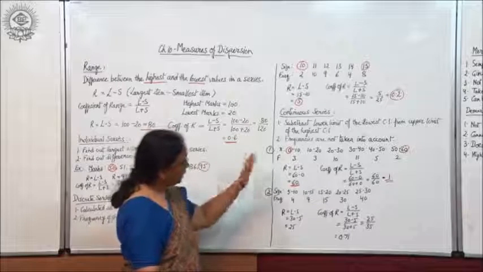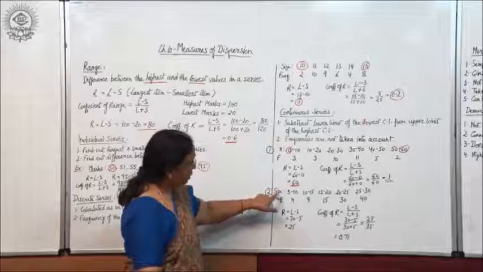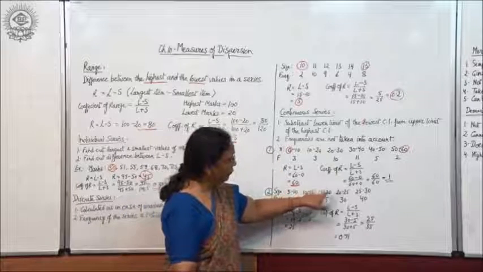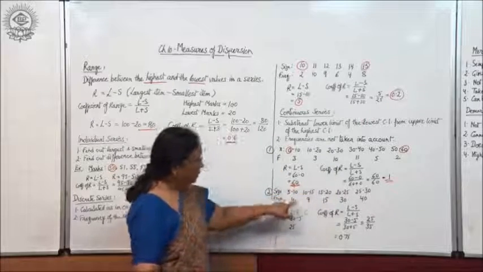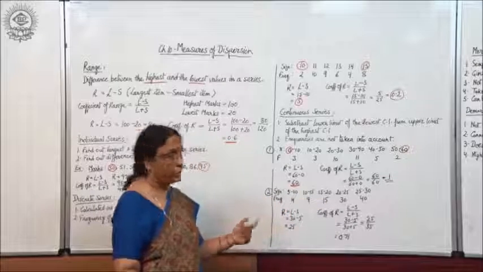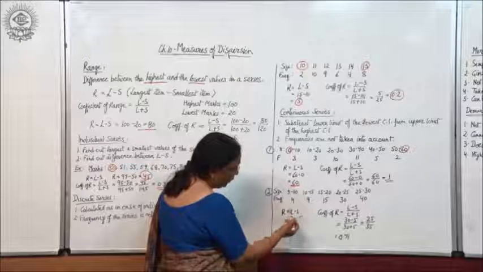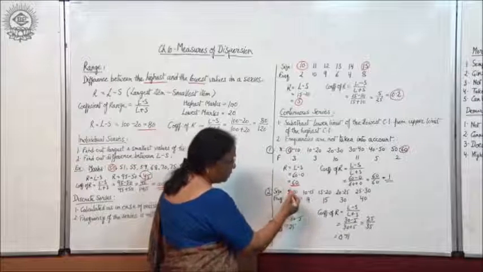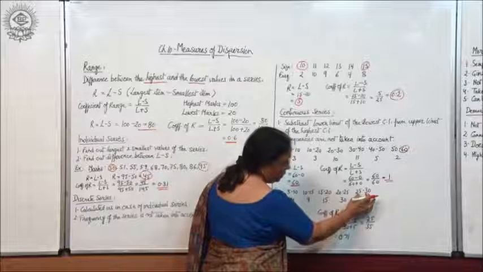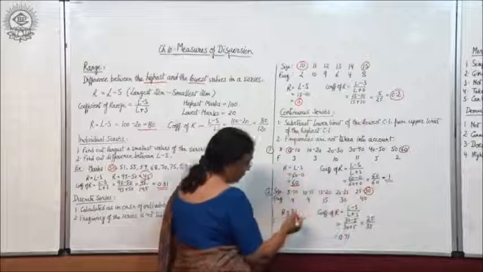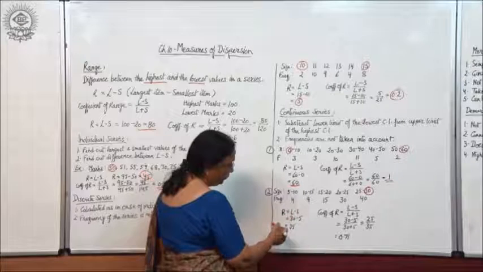Right? Now, another example: the class interval is not starting from 0, it is 5 to 10, 10 to 15, 15 to 20 and so on. Frequencies you are not going to take into account. R is equal to L minus S. Now, here the largest class interval is this one, the highest class interval, and the upper limit of this highest class interval is 30. So, L is 30.